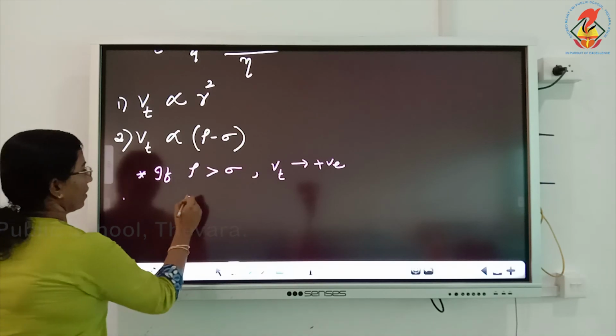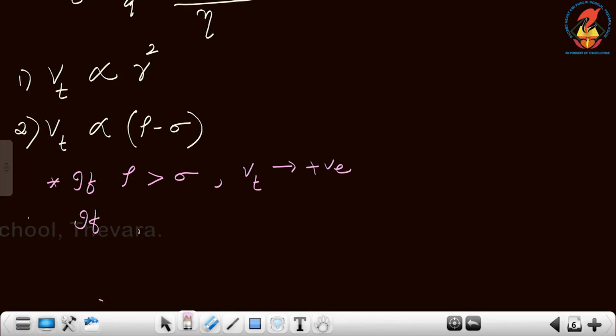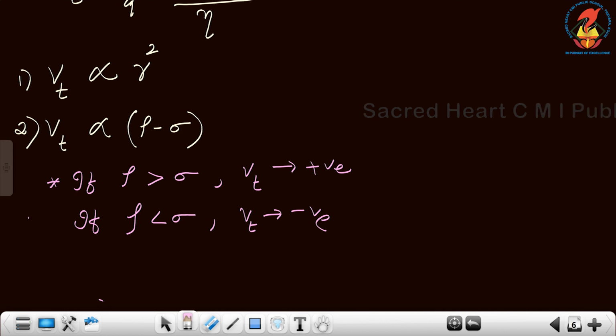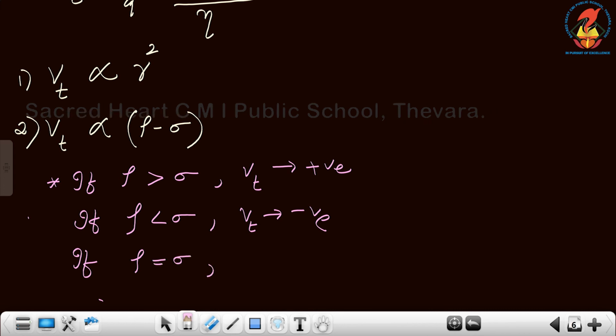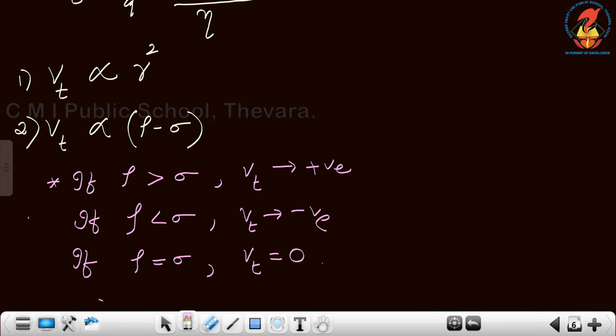But if the density of the body is less than the density of the fluid, you know what will happen? Definitely it will come up, because terminal velocity will be negative according to the equation, rho minus sigma being negative, and the object will be coming up. And if the density of the body is equal to the density of the fluid, what happens? Terminal velocity will be equal to 0, which means the body will come to rest. It won't come down or move.